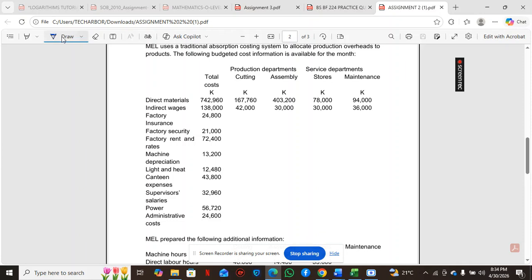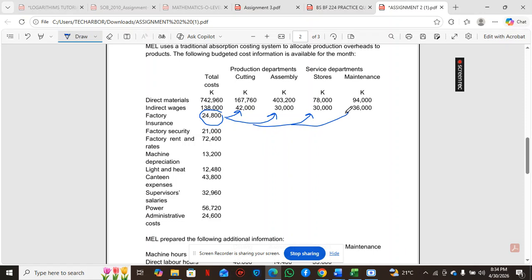For example, this factory insurance has to be shared out to cutting, assembly, stores, and maintenance. Same with factory security. So all these overheads have to be shared out across each of the departments.